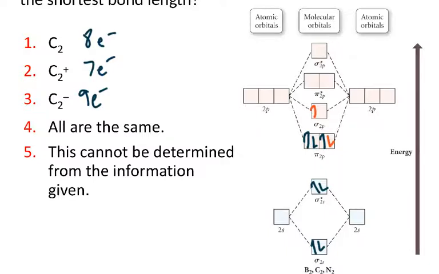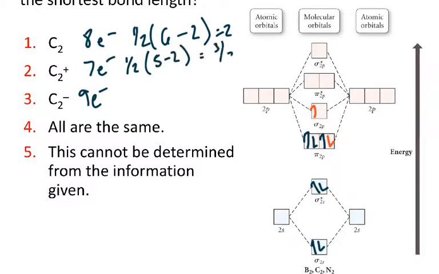So our bond order for our C2 is going to be 1/2 times 6 minus 2, which gets us a bond order of 2. The 7 electron species is going to be 1/2 times 5 minus 2, which is 3/2, so less.